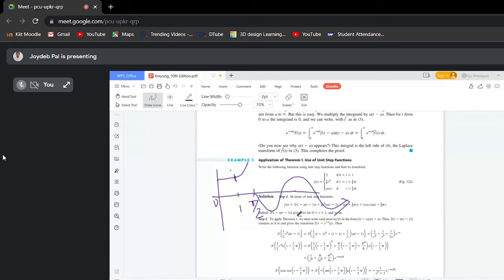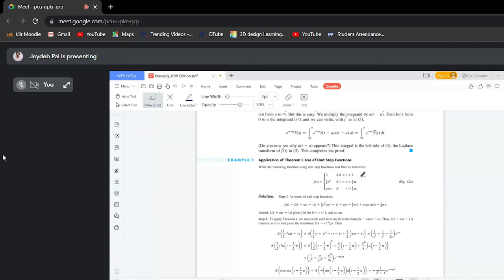So for this graph, what will the Laplace transform be? You can use the definition, the integration formula, but how to find it without using that definition? Whenever a piecewise function is given, you can represent it in terms of the Heaviside function.